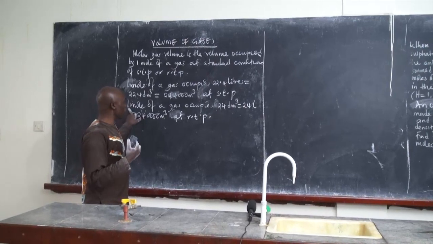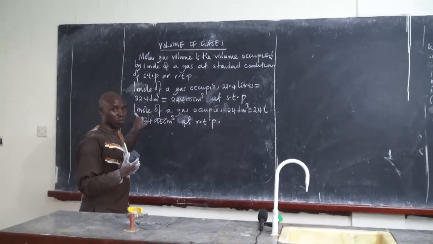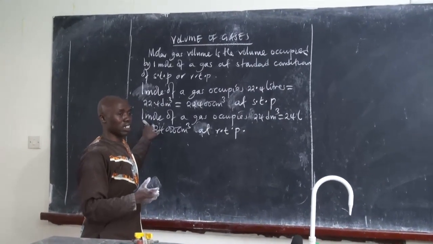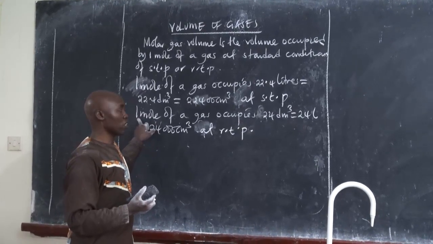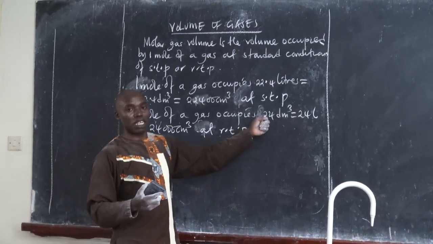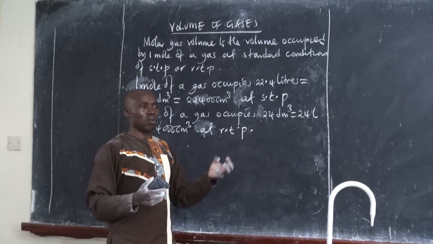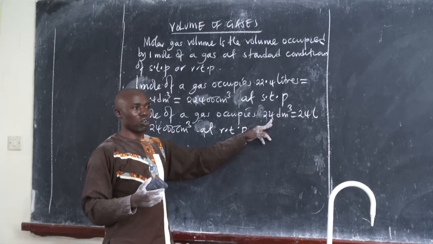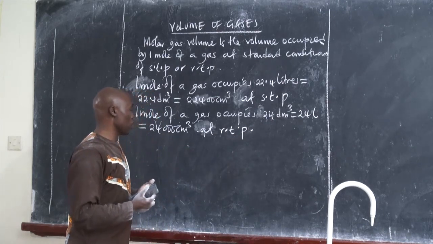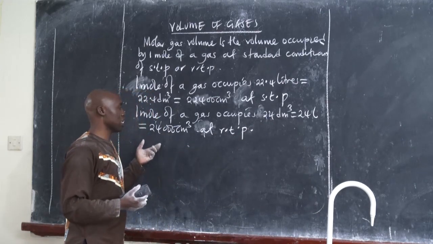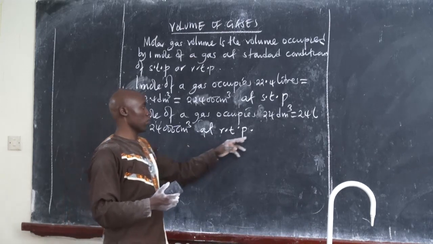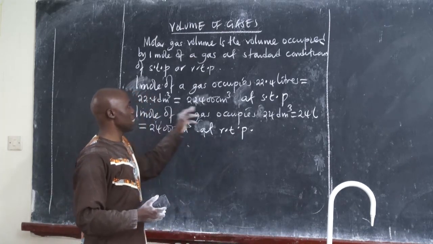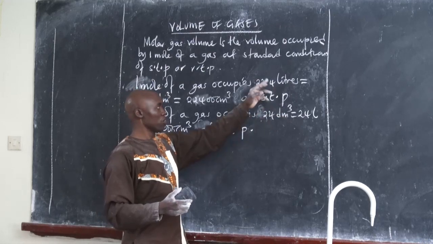So if we take carbon dioxide as 1 mole, that is 44 grams of carbon dioxide, which also occupies this volume. So a certain mass that can fit in 24 dm3 is what we call 1 mole of it at room temperature. Under standard temperature and pressure, we use the other value.